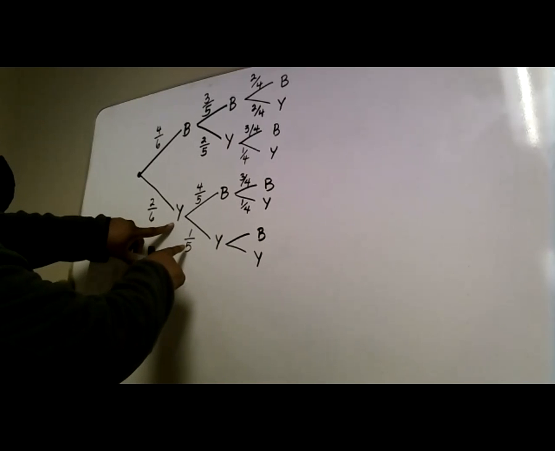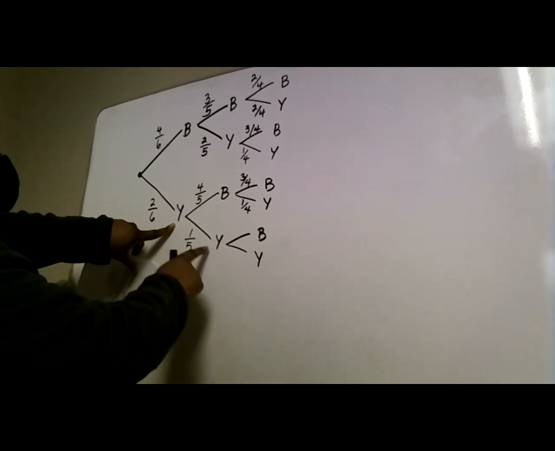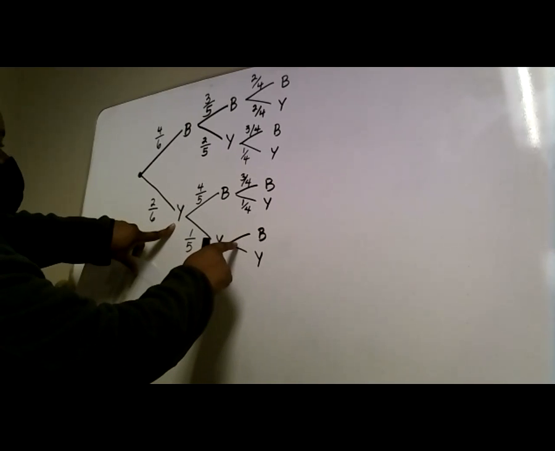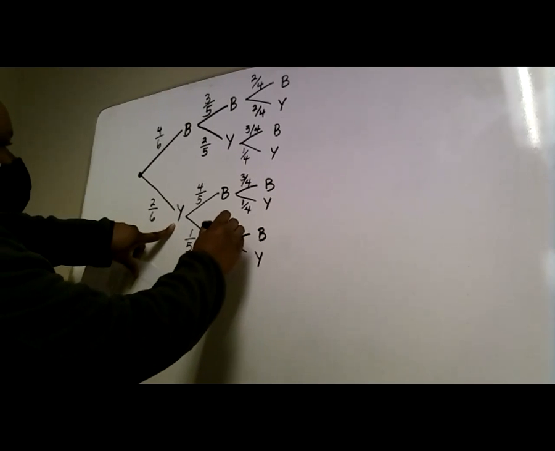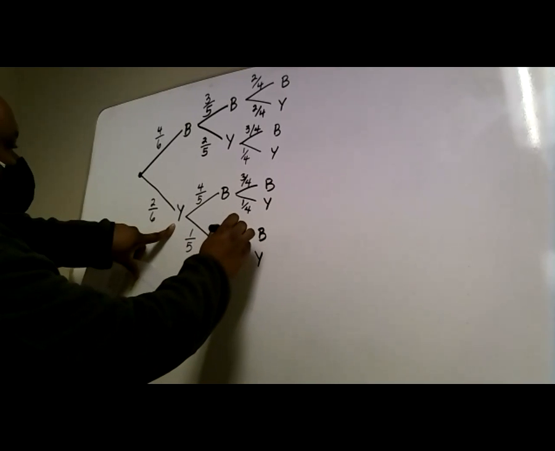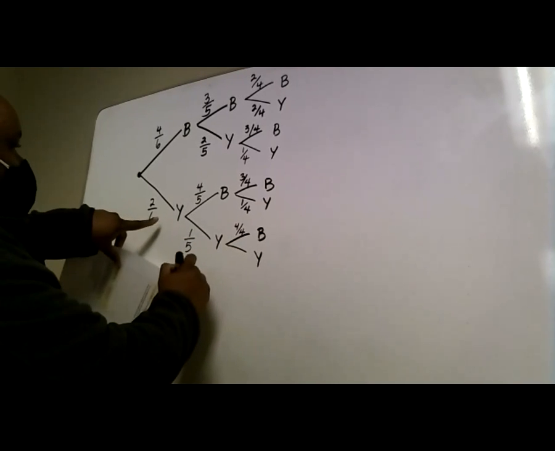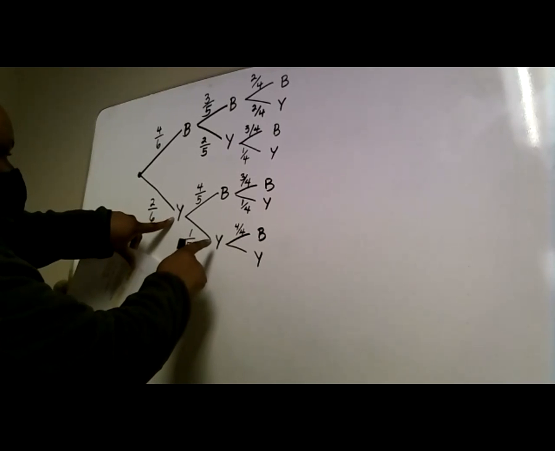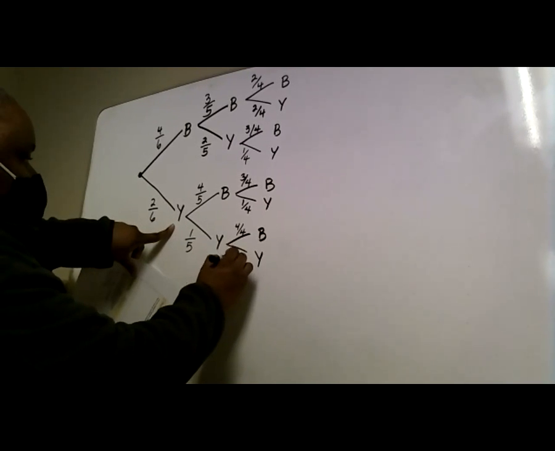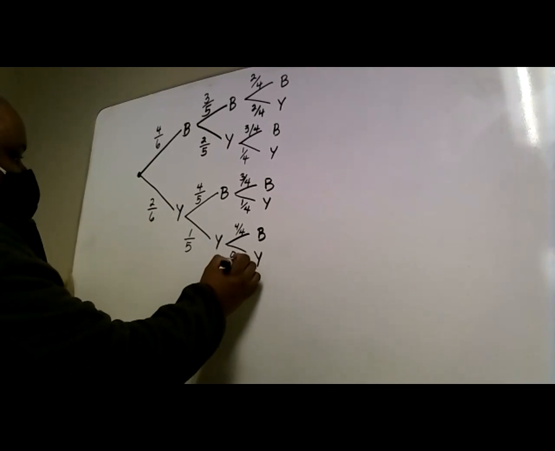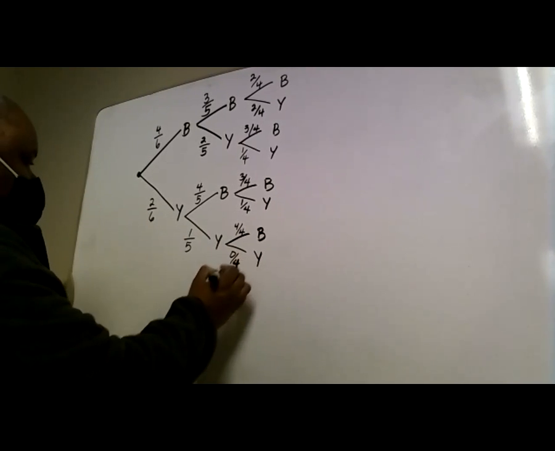And if the first was yellow and the second was yellow, I only had 2 yellow marbles, so I won't have any yellow marbles to draw on the third pull.